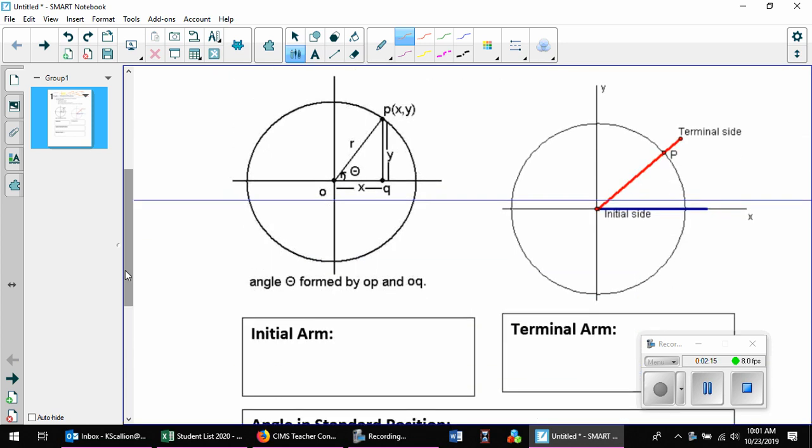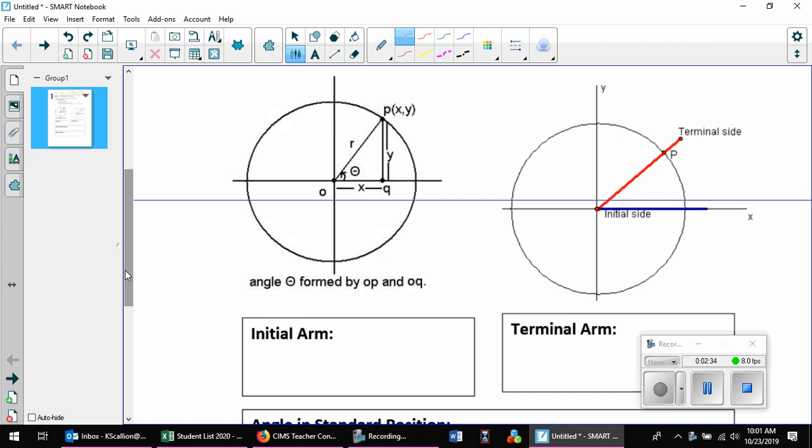All right, so here's my pretty picture. Like I said, we are going to put triangles inside of a circle. In grade 12, we call this circle a unit circle because it has a radius of 1 unit.